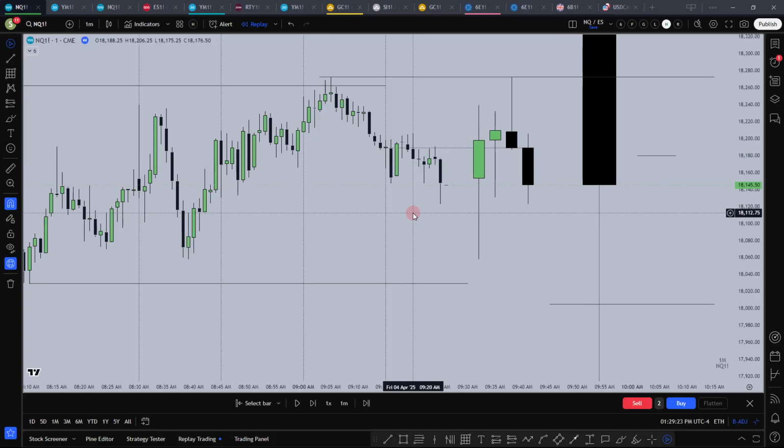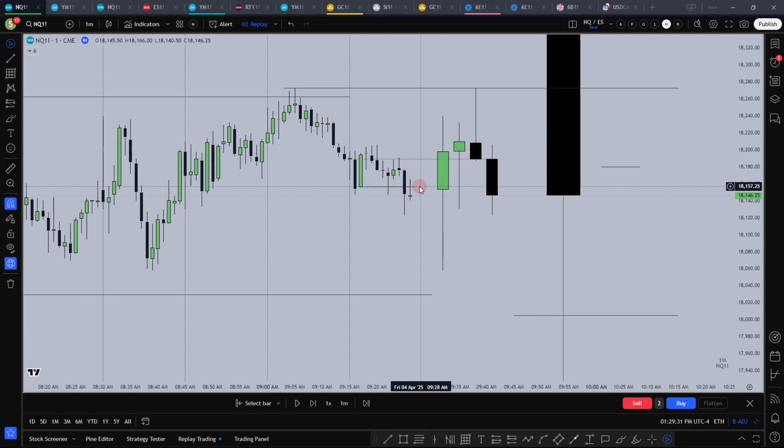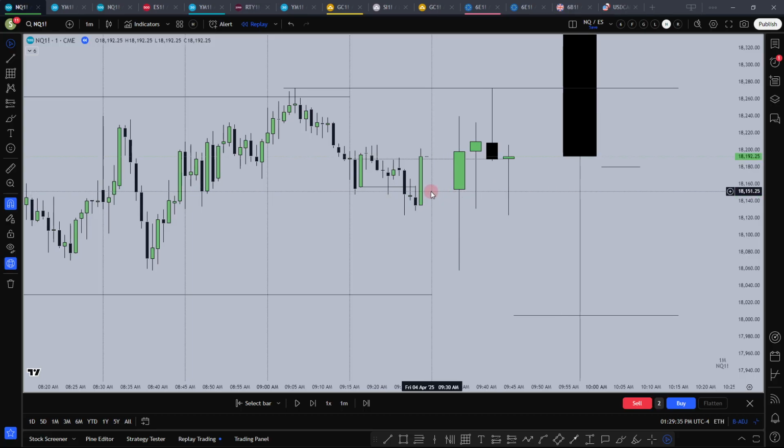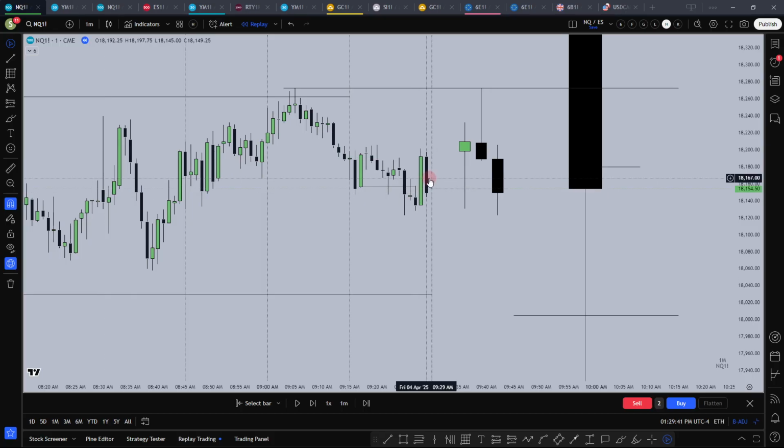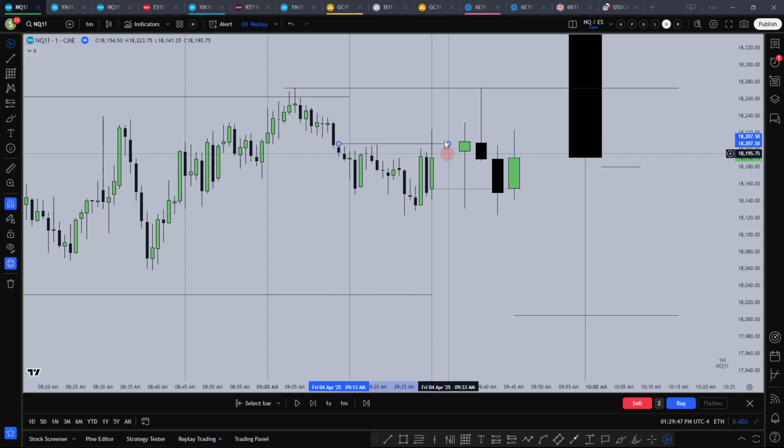So it didn't even close below here, and when it takes too much time, I'm thinking okay, I will let it go instead and wait for 9:30. It is in 2-3 minutes. 9:30 comes, sweeps the opposing swing or its relevant opposing level.